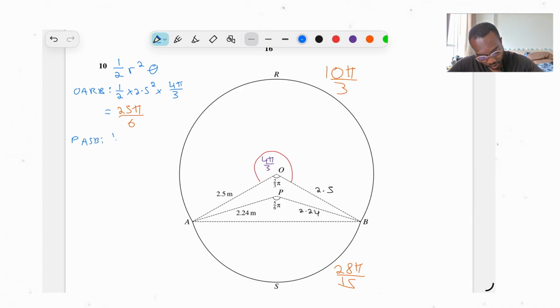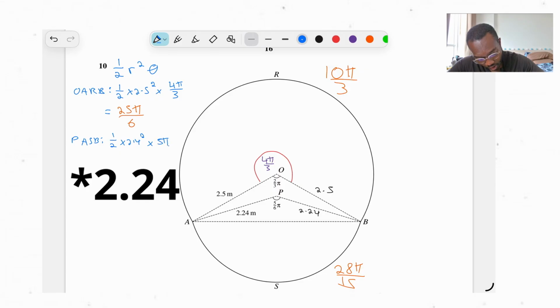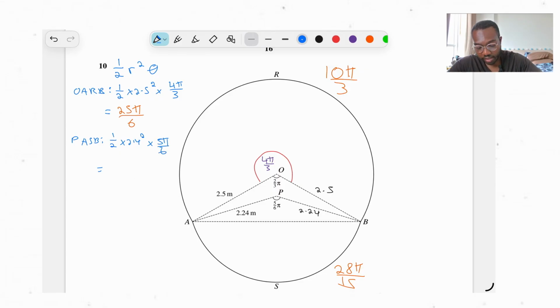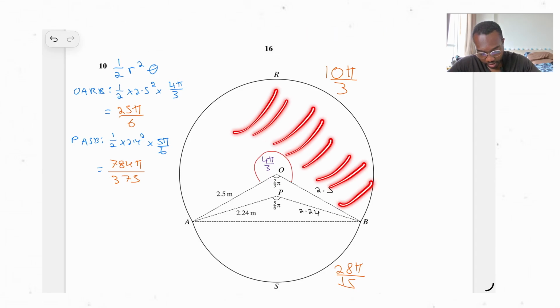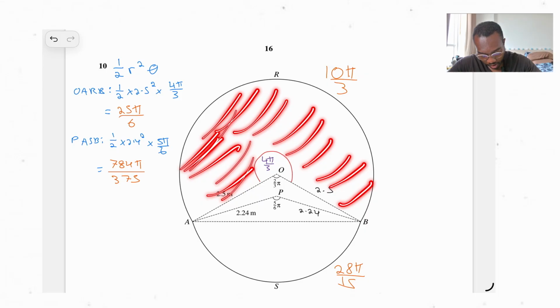So that will be a half times 2.4 squared times 5 pi over 6. And you put it into a calculator, you will get 784 pi over 375. So now we've worked out the area of this, and we've worked out the area of this.